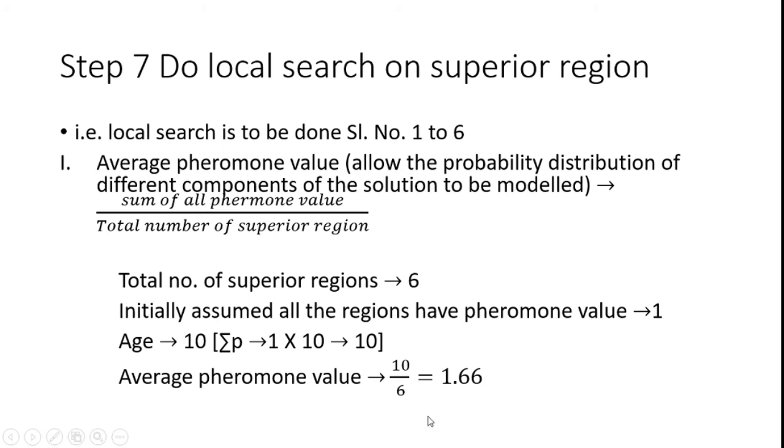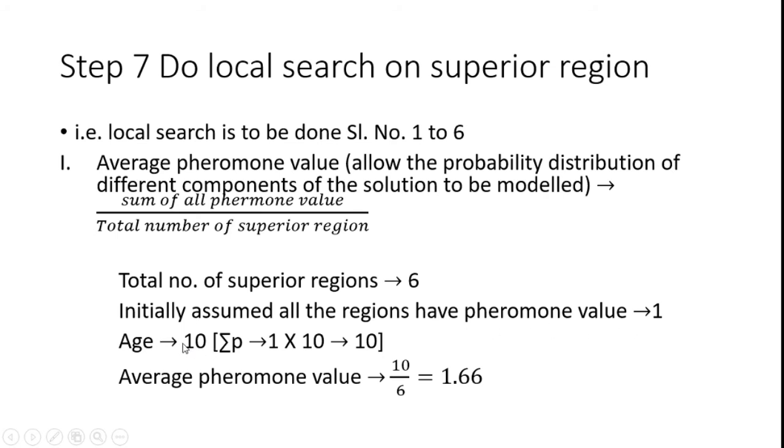It allows the probability distribution of different components of the solution to be modeled. The formula for the average pheromone value is the sum of all pheromone values divided by the total number of superior regions. According to this formula, I need the total number of superior regions from our problem, which is 6, because serial numbers 1 to 6 are the superior region. Initially, I assume all the regions have pheromone value 1.